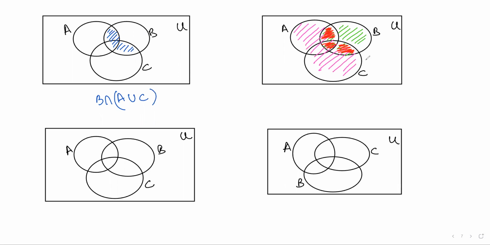We can also describe the same in a different fashion. We can consider the union of A intersection B and B intersection C. Now, A intersection B would be this region.